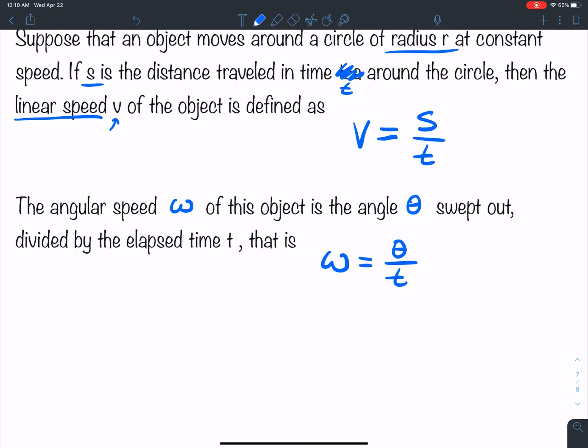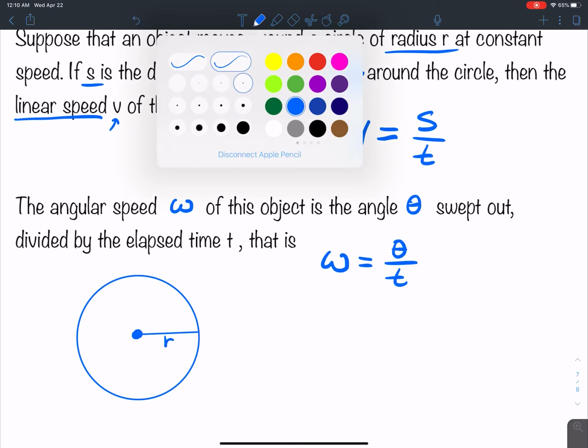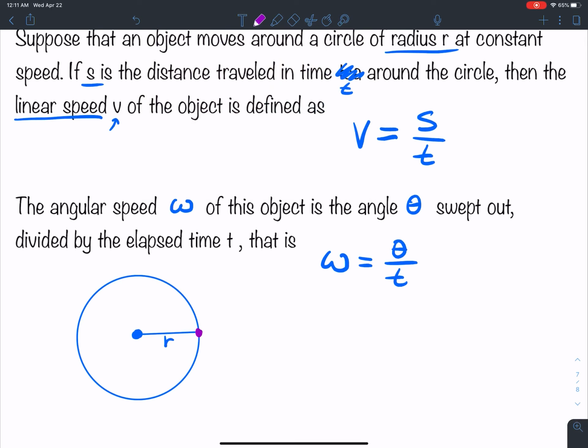Okay, so in a picture, what's going on here? We've got some central angle, and a circle with radius r, and this object traveling along this curve. It travels some distance s, and that central angle is theta right there.